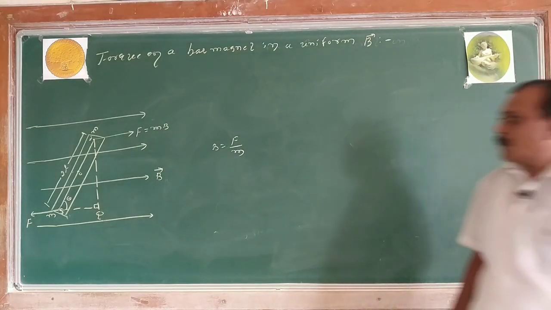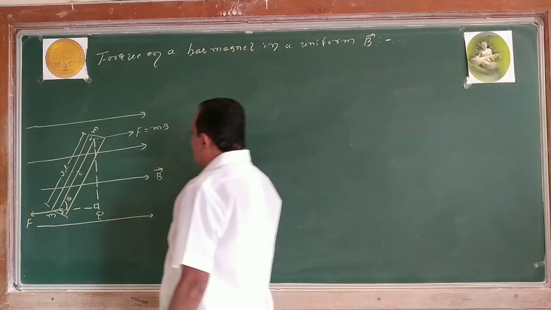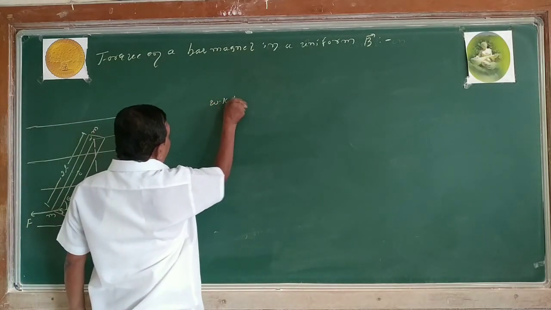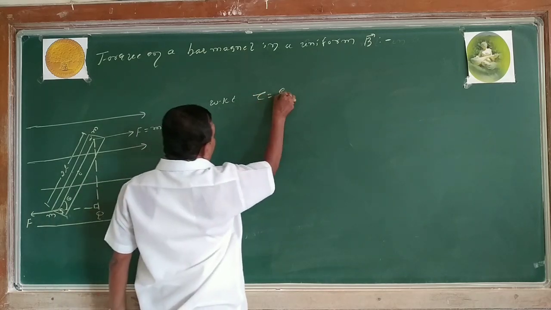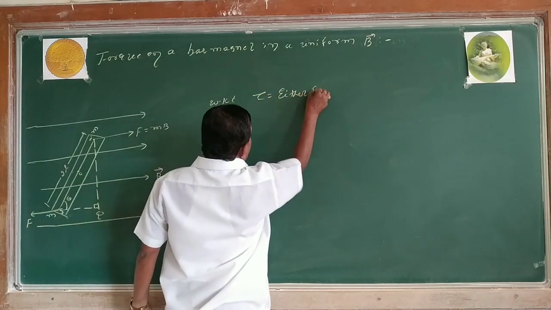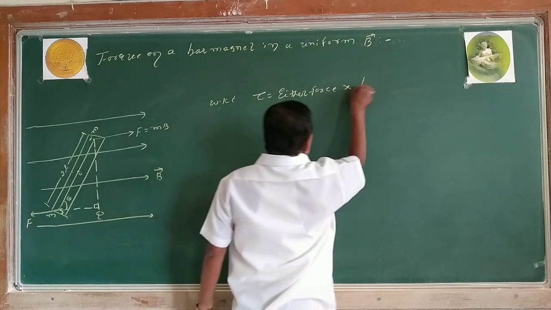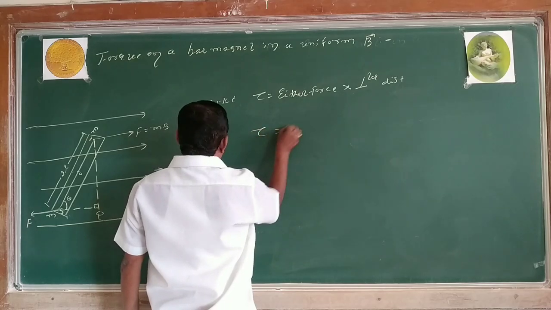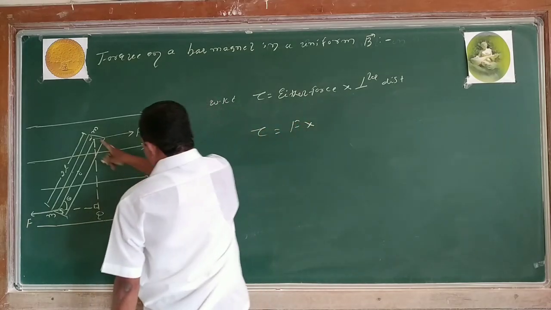So I want to calculate the torque. We know that torque tau equals force into perpendicular distance, force F, perpendicular distance NQ.